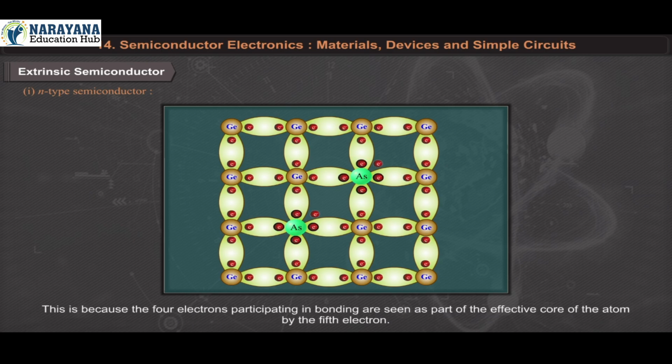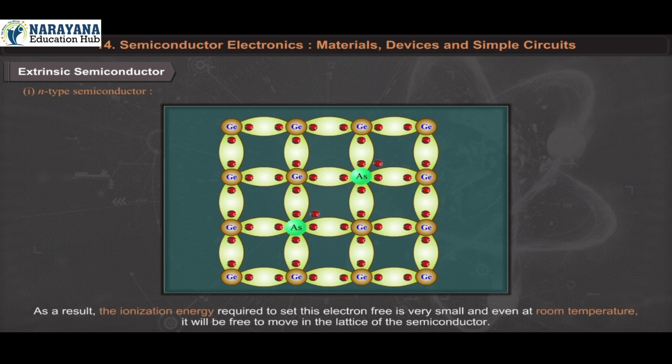This is because the 4 electrons participating in bonding are seen as part of the effective core of the atom by the fifth electron. As a result, the ionization energy required to set this electron free is very small, and even at room temperature, it will be free to move in the lattice of the semiconductor.